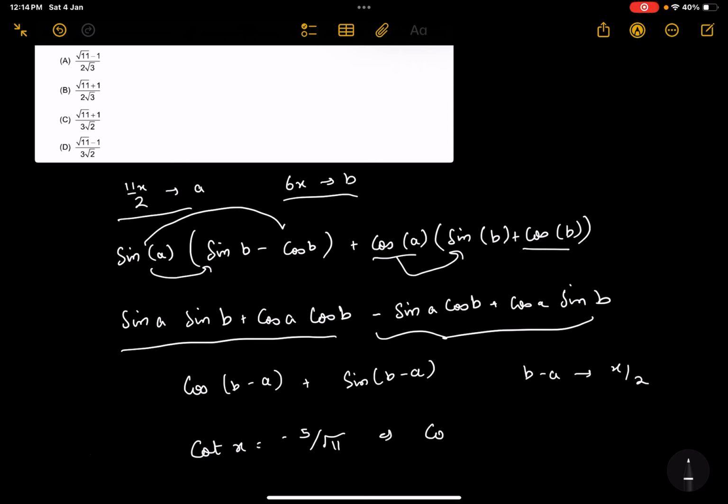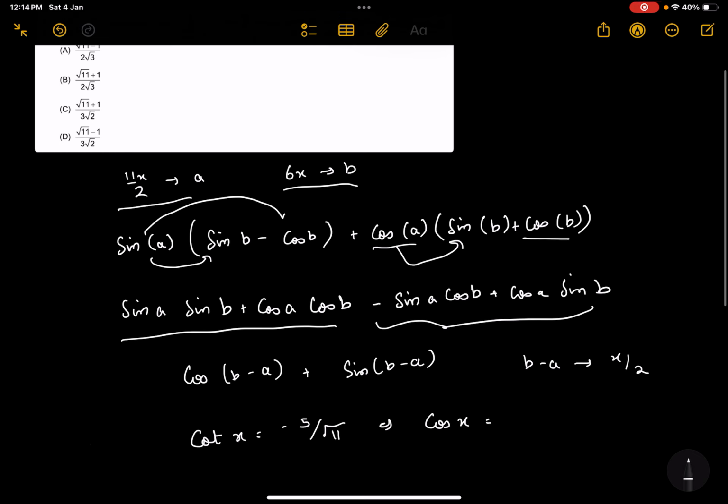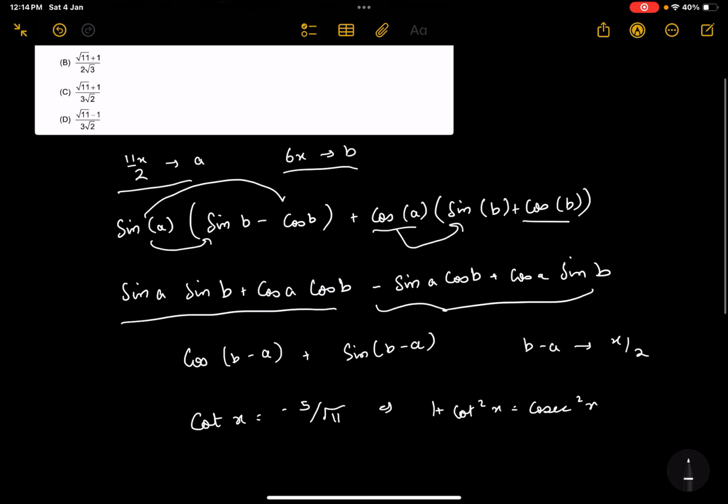This gives us the value of cos x. So 1 plus cot square x equals cosec square x, which equals 1 plus 25 by 11, 36 by 11, which means sin x is equal to 6 by root 11, or rather root 11 by 6.